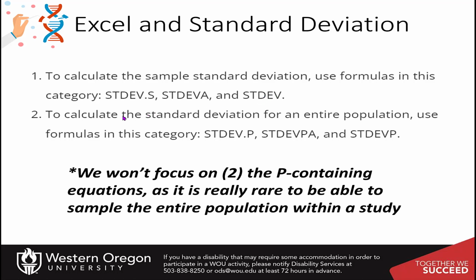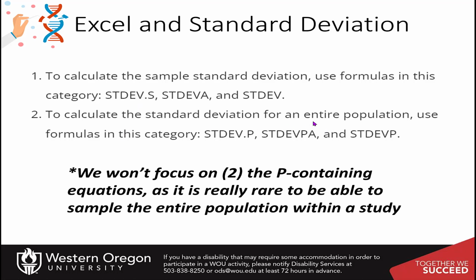And for our formulas for standard deviation, there are 3 of them that you can use: stdev.s, stdeva, and stdev. The most common one that we are going to use is stdev.s. This is going to calculate the standard deviation of a sample from a population, which is the most common type of data that we're going to have.